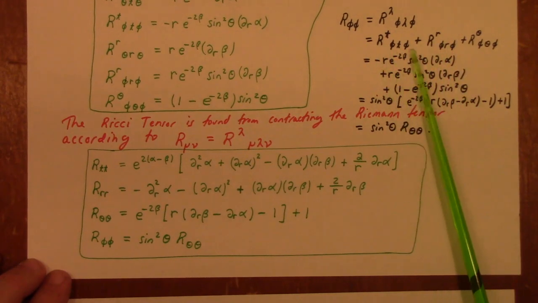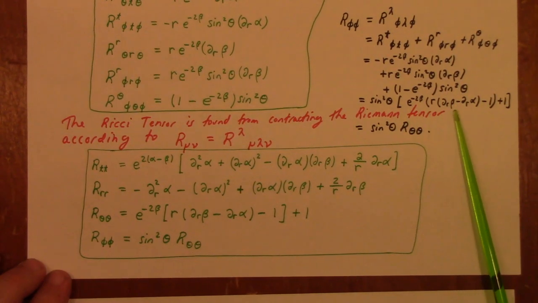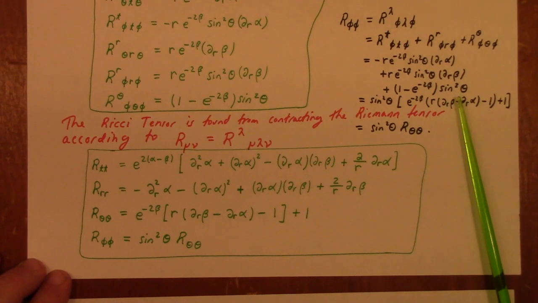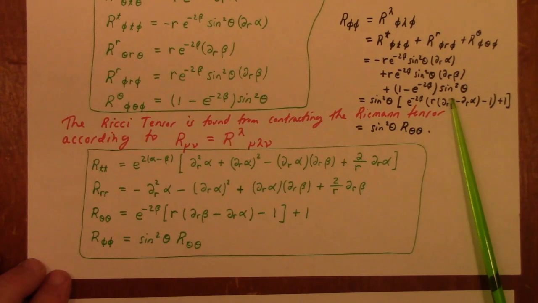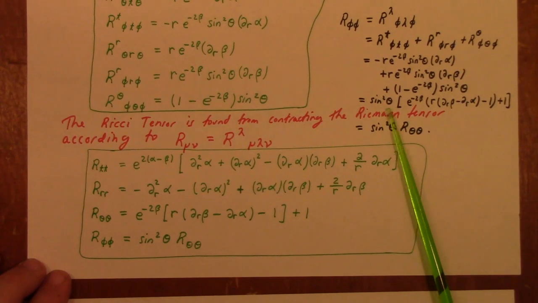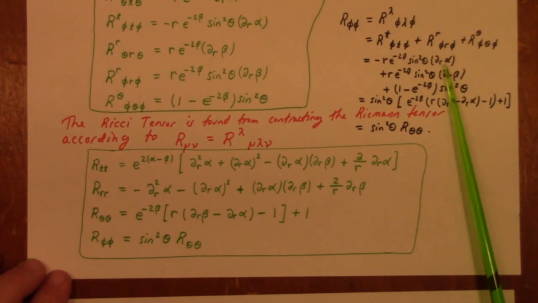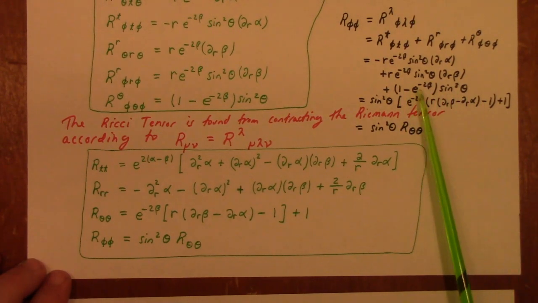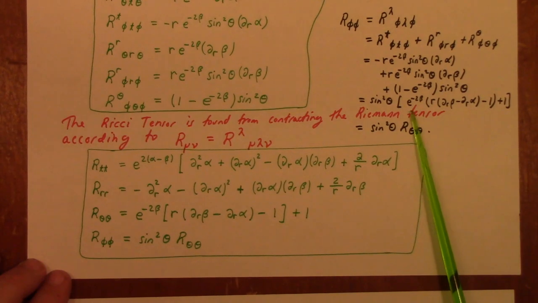But when you put those over here like that, some kind of neat cancellations happen. Well, not cancellations, but you can group things together because there's a sine squared here, here, and here. Let's see here. Yeah. And so I factor the sine squared out, and you've got e to the minus 2 beta, and then you've got r times this derivative and that derivative. And then also this minus 1 is from that 1 becomes this minus 1 because I think there's a minus.